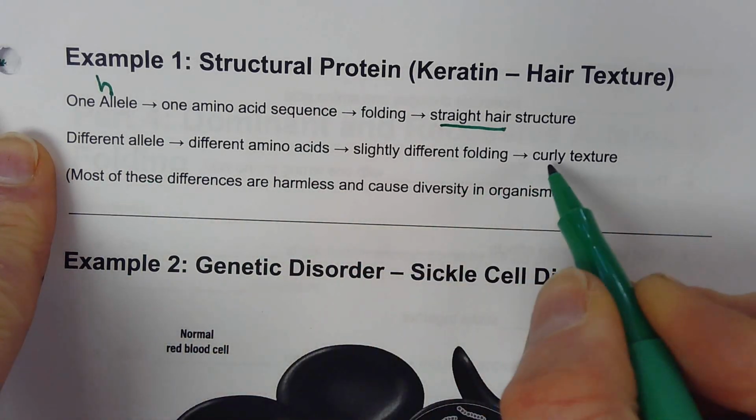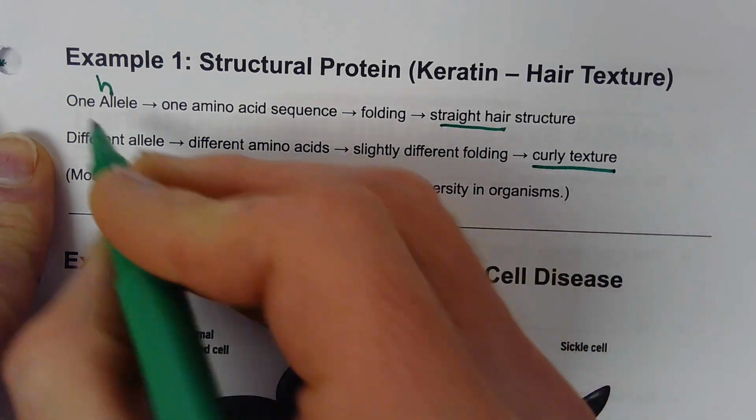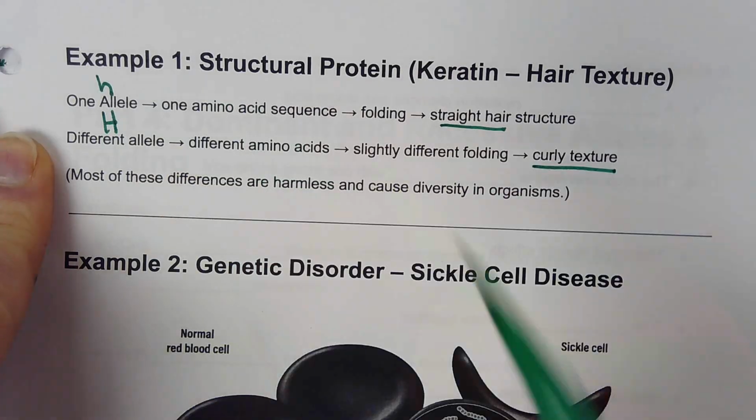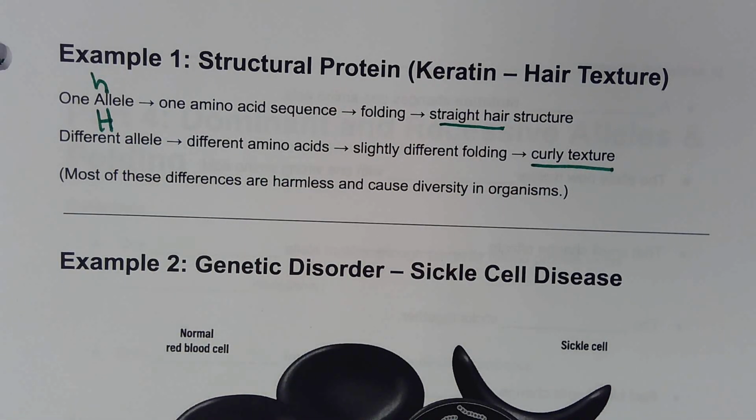The other allele for curly texture is the capital H. Now, it says most of these differences are harmless and cause diversity in organisms. Does it hurt you to have curly hair or straight hair? They are harmless, but it does lead to diversity. That's why we can all be the same species with different hair texture.